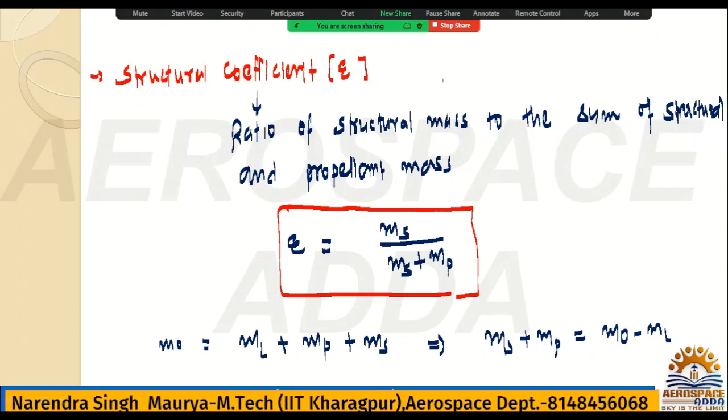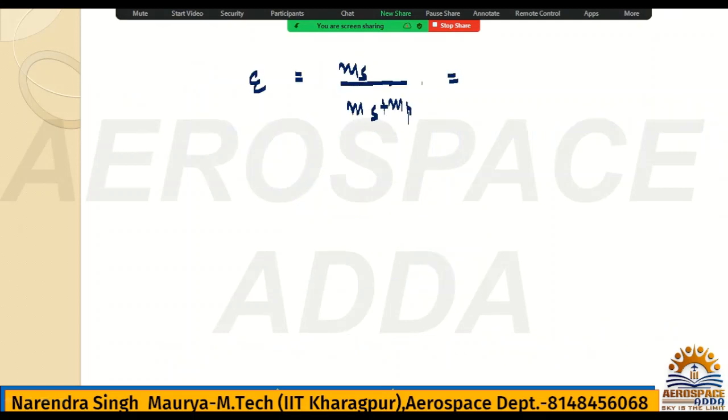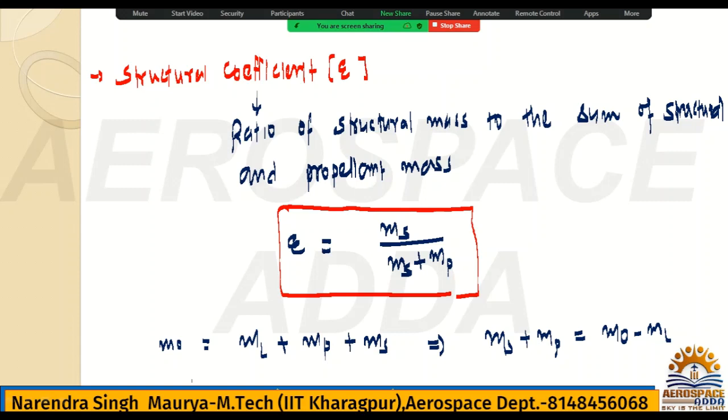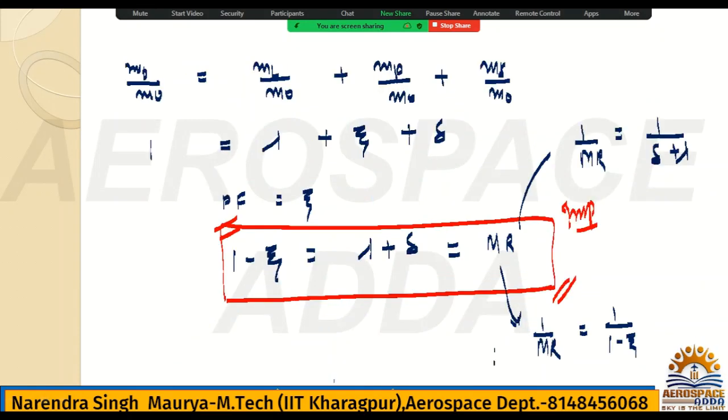Okay, I will show one more substitution here, so you can understand. Because you want to write ms, what is ms? Check from here: ms is nothing but m naught minus mp minus ml. What is m naught minus mp? I have told you this m naught minus mp is also called mf.